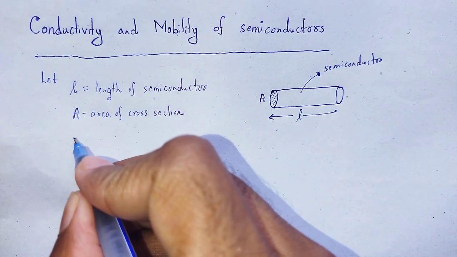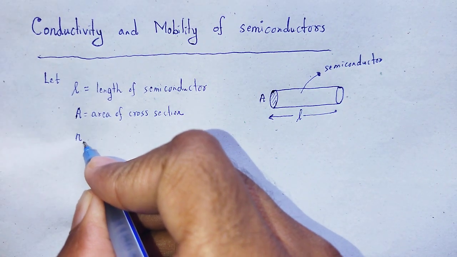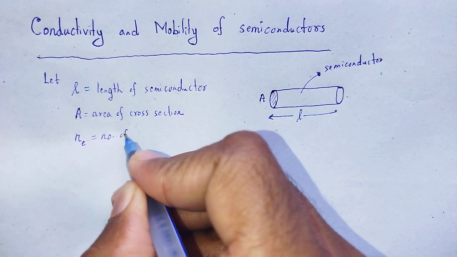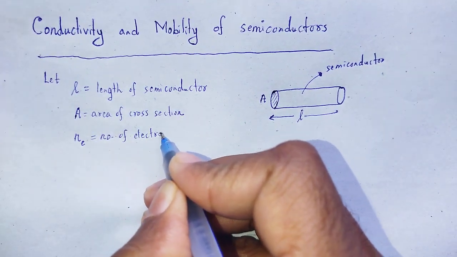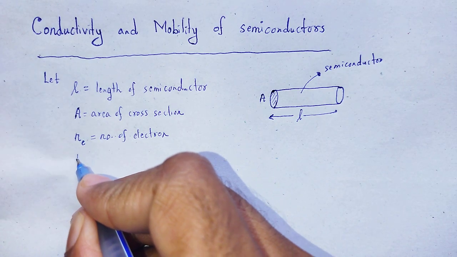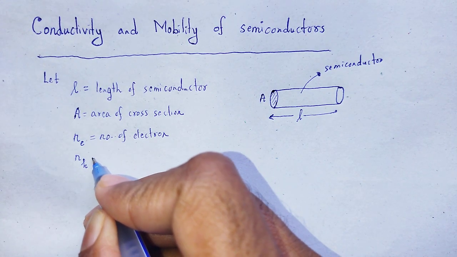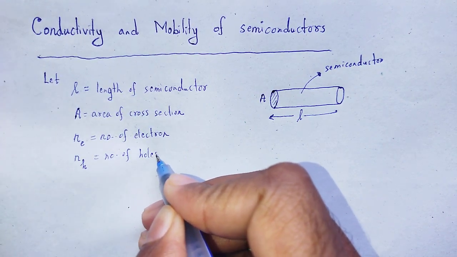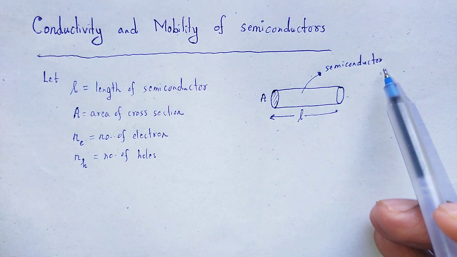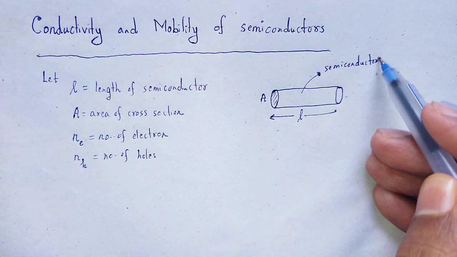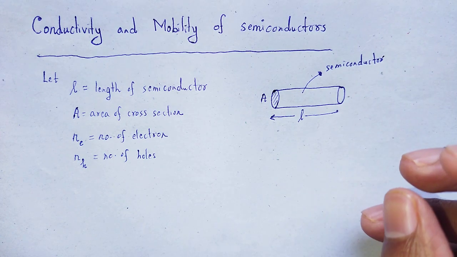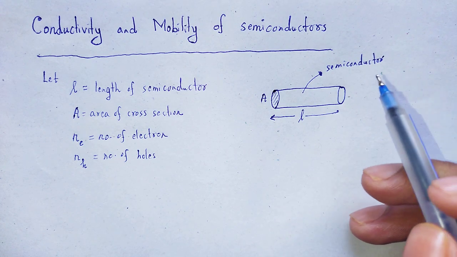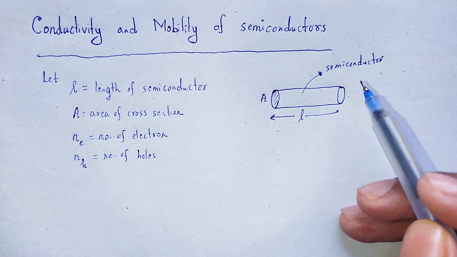The number of electrons is denoted by n of E. Similarly, the number of holes is n of H. We know in the classification of semiconductors as pure type and impure type, that is intrinsic semiconductor, which is pure, and extrinsic semiconductor, which is impure, meaning impurities are added.